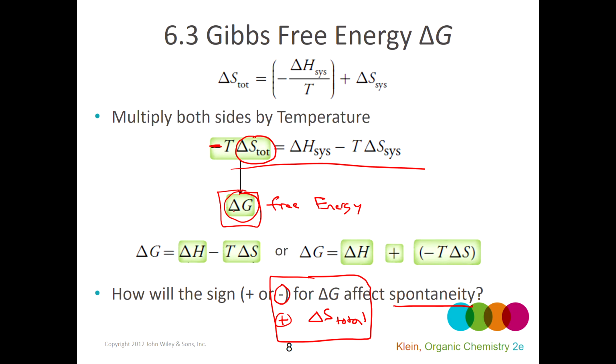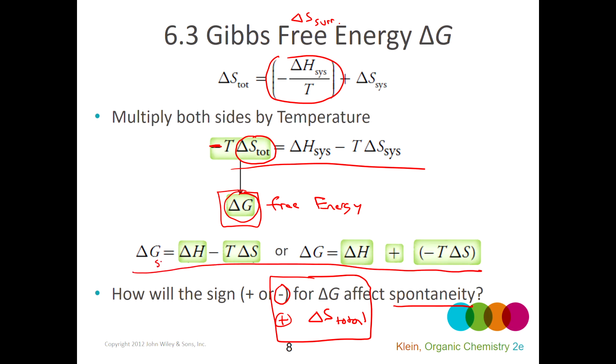So if I don't want to actually calculate what's going on in the surroundings, plugging in this for delta S surroundings allows me to express everything in terms of the system. And that's why this formula for delta G is nice and convenient.